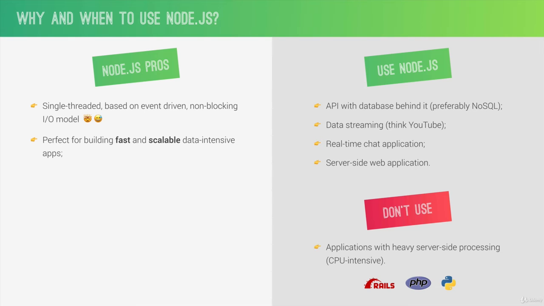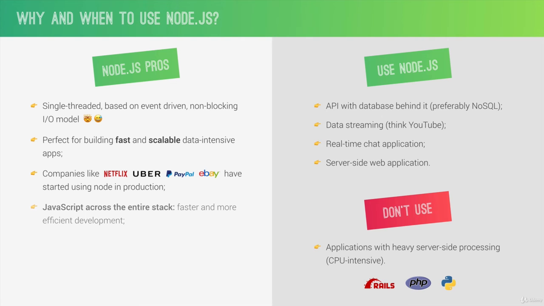And if you choose to use Node, well, then you are in good company, because many top companies like Netflix, Uber, PayPal, eBay, and many more have already started using Node.js, which really proves that the technology is stable enough at this point to be used in production. Now, of course, there are more reasons for using Node, and the biggest one is probably that using the same language across your entire stack, both on the front end and the back end, is a lot easier for you or for your team.